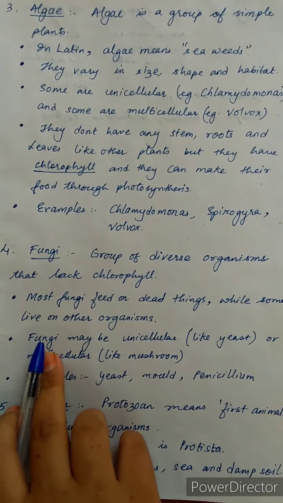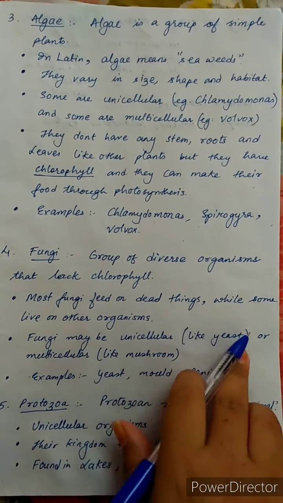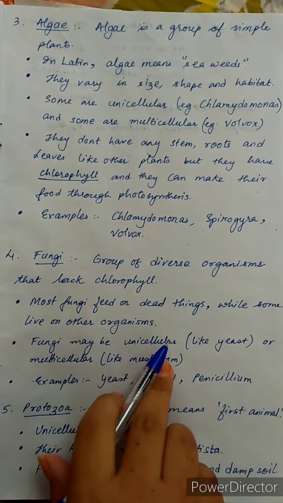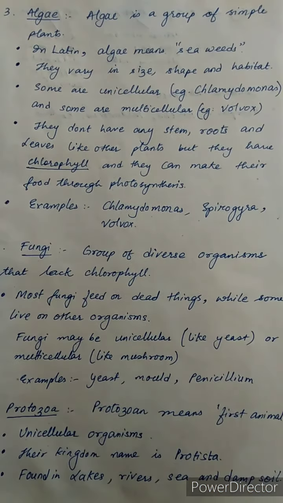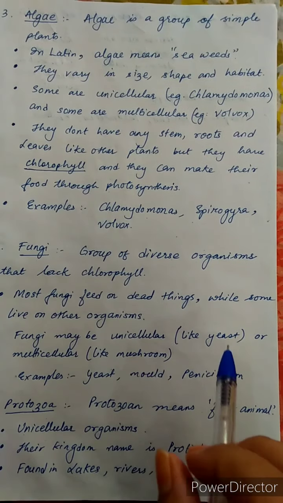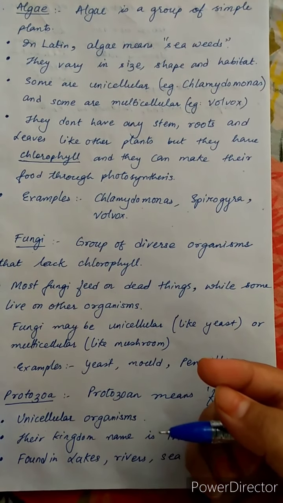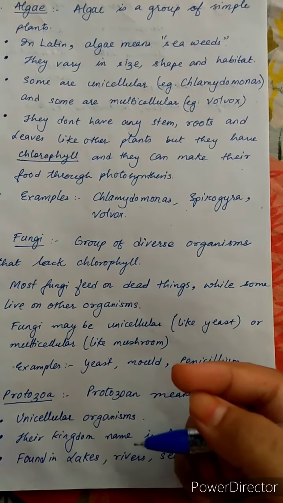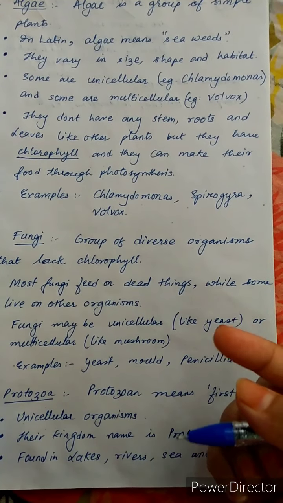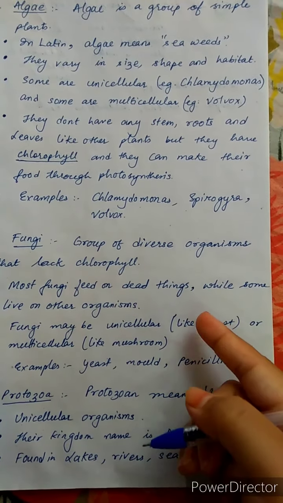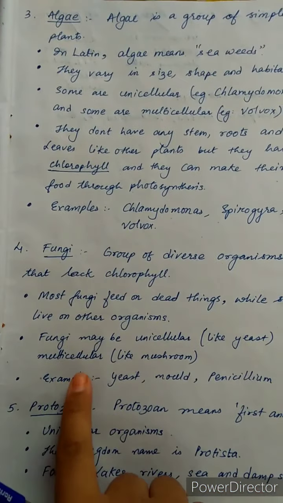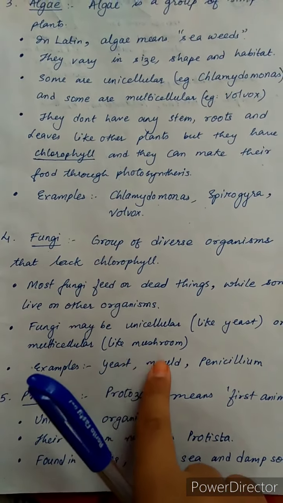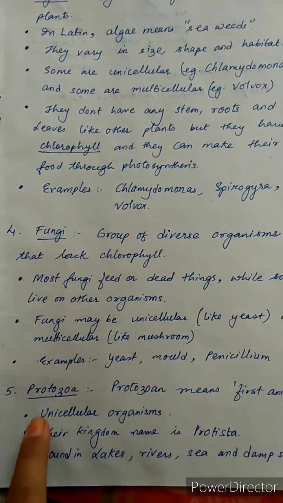And fungi may be unicellular like yeast or multicellular like mushroom. Yeast is something we use for bread making and for making beer and wine. And mushroom we eat. Then examples are yeast, mold and penicillium.